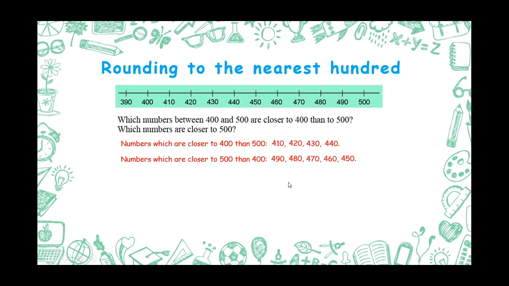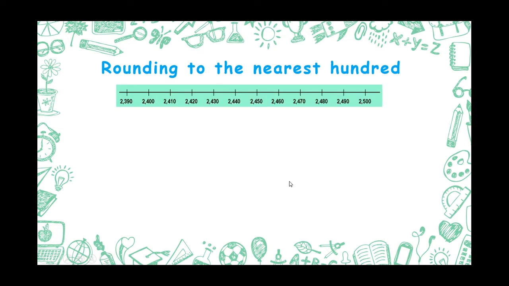Let's move on to the next one. Rounding to the nearest hundred. So we are still rounding to the nearest hundred, but now our numbers have 1,000 as well. Okay, so you see here our number line. We have 2,400 going up to 2,500.